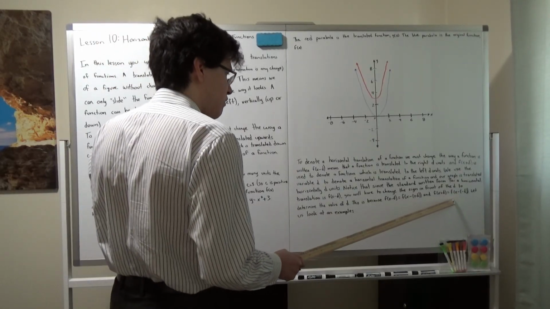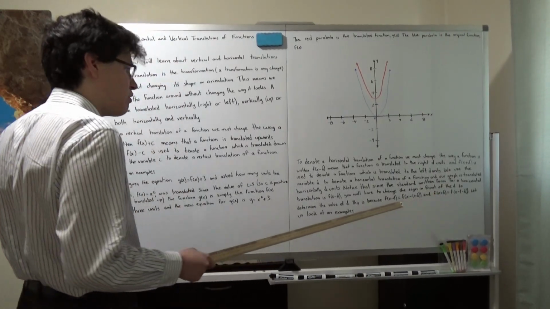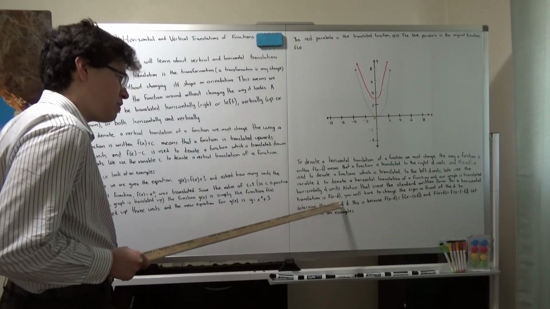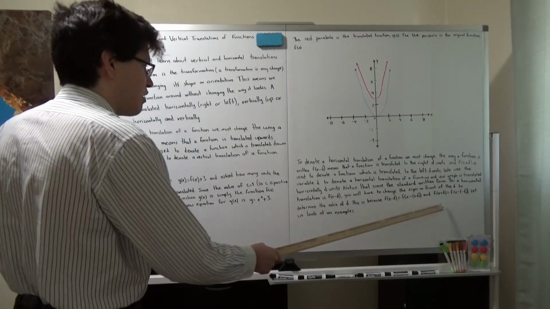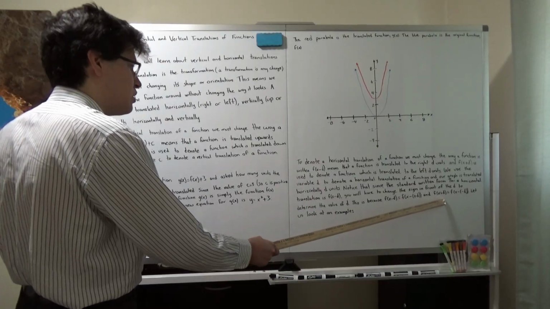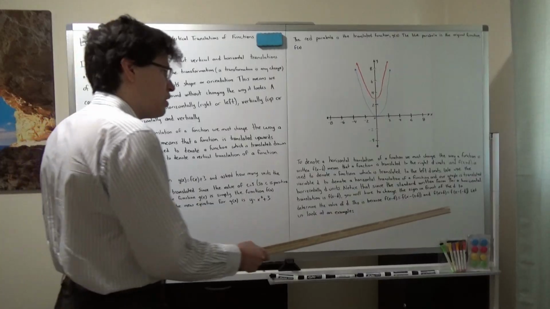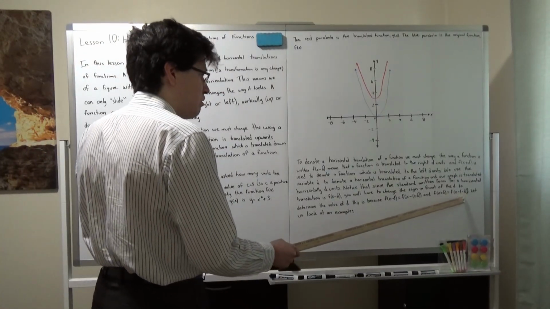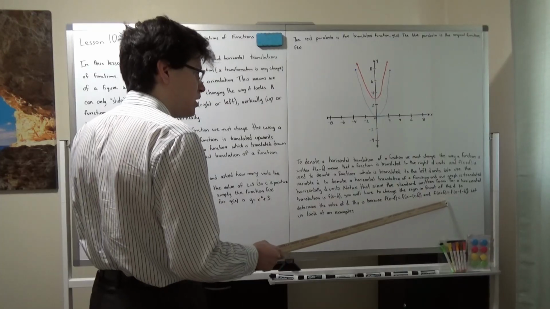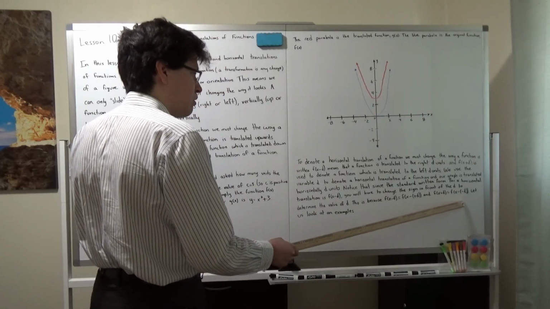Here, f of x plus d didn't tell the whole story, because the standard form for the horizontal translation of a function is f of x minus d. So we had to transform it into that form by letting f of x plus d be equal to f of x minus negative d.